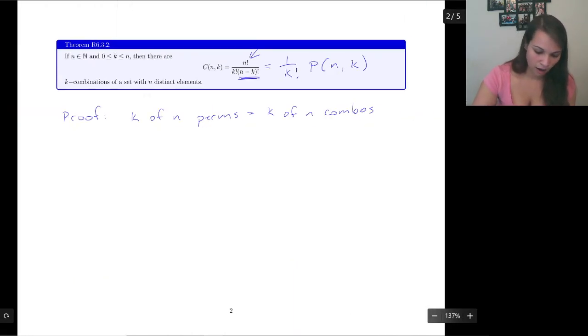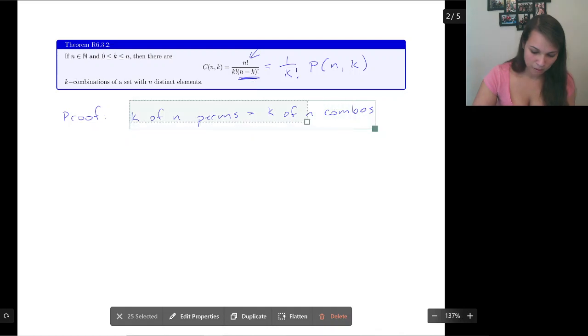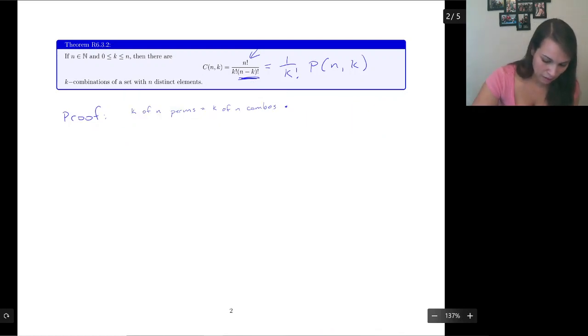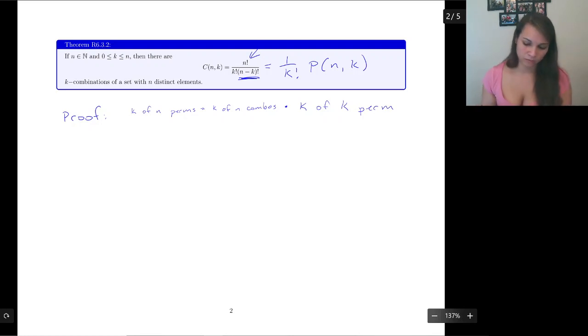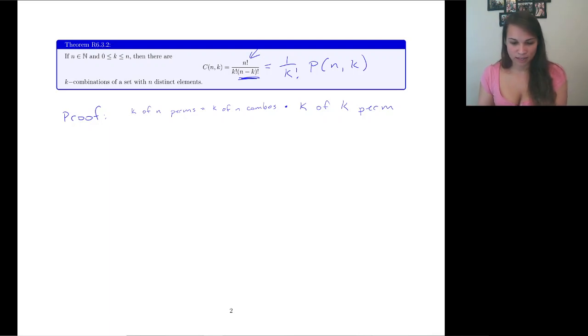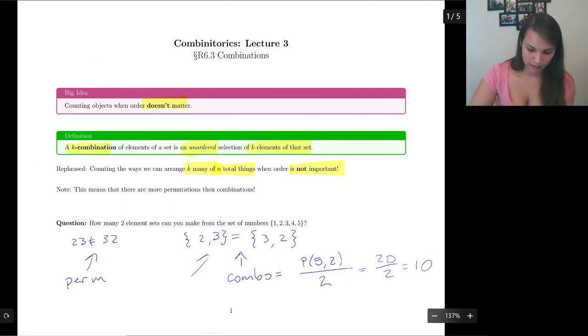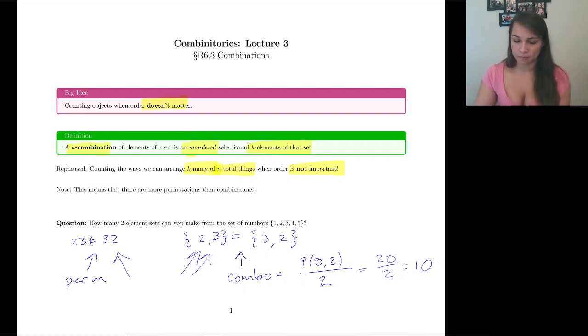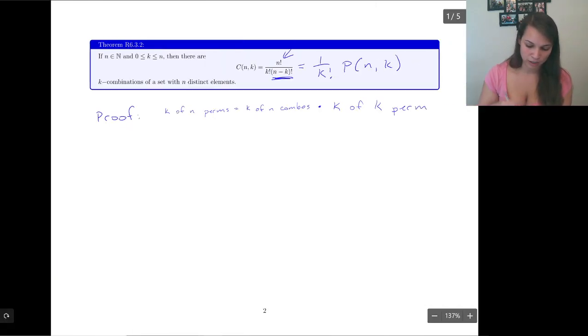We're going to say they are related. My permutation is related to my combination by multiplying my combination by K of K permutations. So you get a combination of elements, and then you can get up to all the permutations if you just do every permutation of that particular combination. Just like right here, that was a combination, and then if I did every permutation of this particular combination, we can go through pair by pair and get up to all of the permutations.